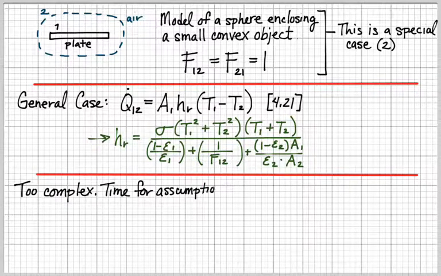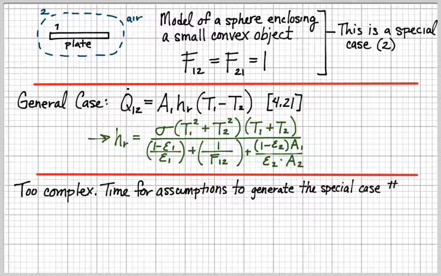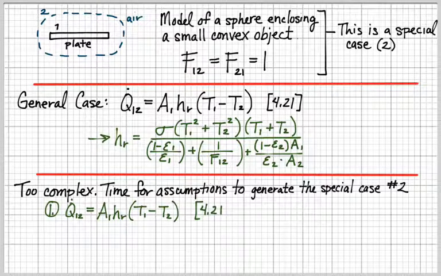And obviously that is too complex for what we want to do. We want to make some assumptions that make this problem more tractable so that we can solve the problem. So we're going to make some assumptions that will generate special case number 2. The first of which is that we have a net radiative transfer, which is essentially the same as what we have above.